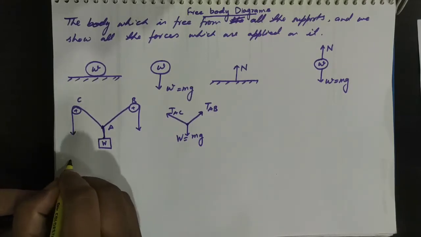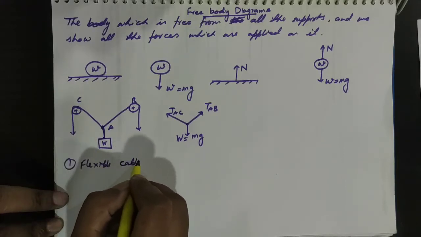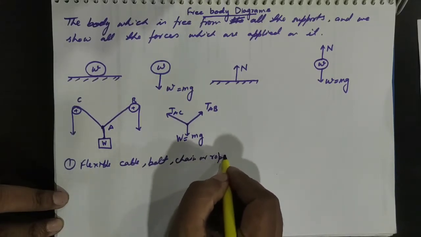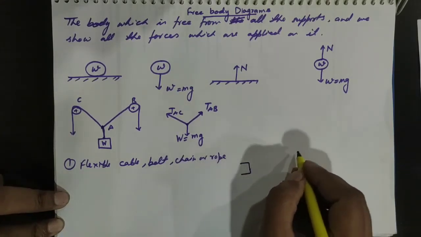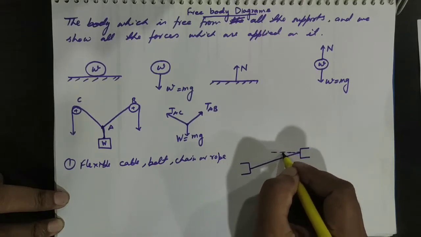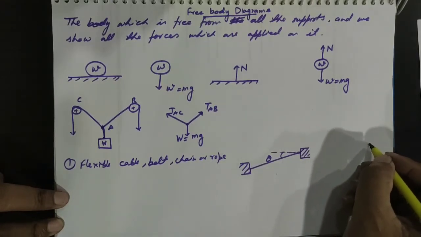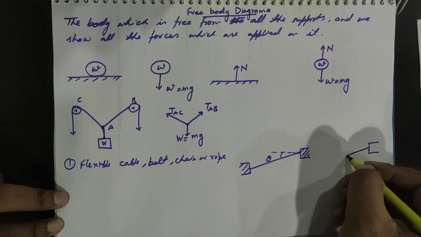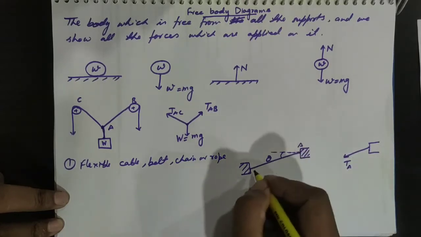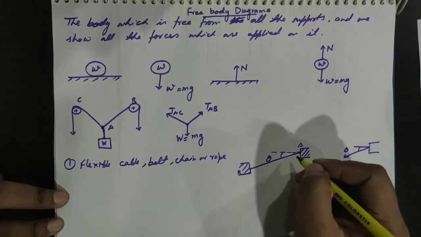If we are having a flexible cable, a belt, a chain, or rope, like a body like this, and another body like this, if it is at theta degree angle, then in the FBD for this we always show the tension in that direction, like A, B, this, at the same angle as the position of the string that was given, a flexible cable.